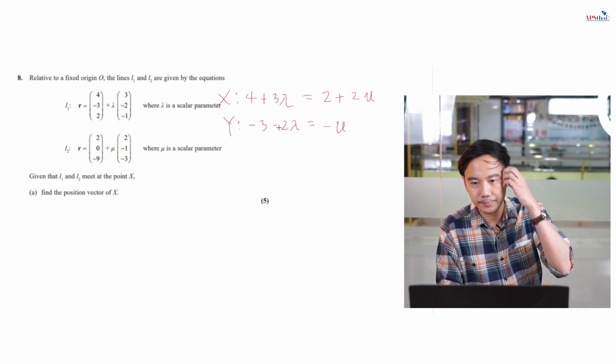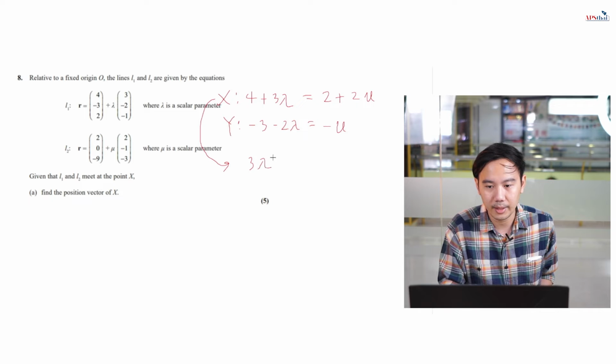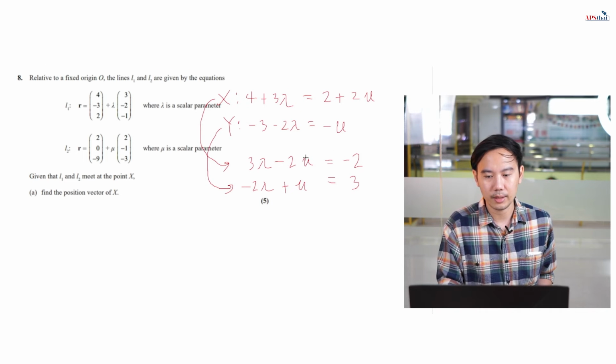Let's take this and rearrange it a little bit. If I rearrange the equation for x, I'll have 3 lambda minus 2 mu equals minus 2. For the y equation, I'll have minus 2 lambda plus mu equals 3.